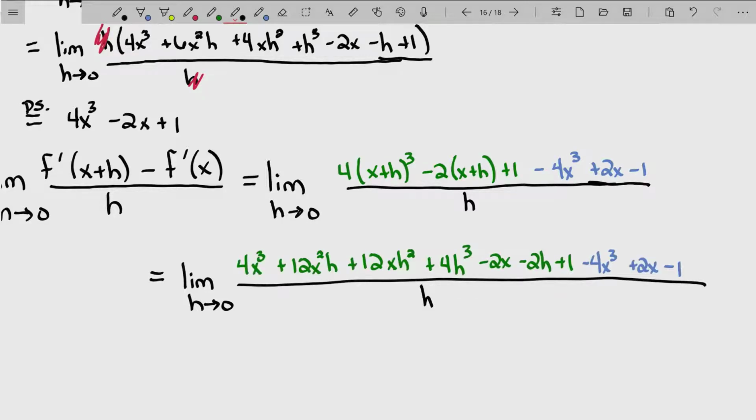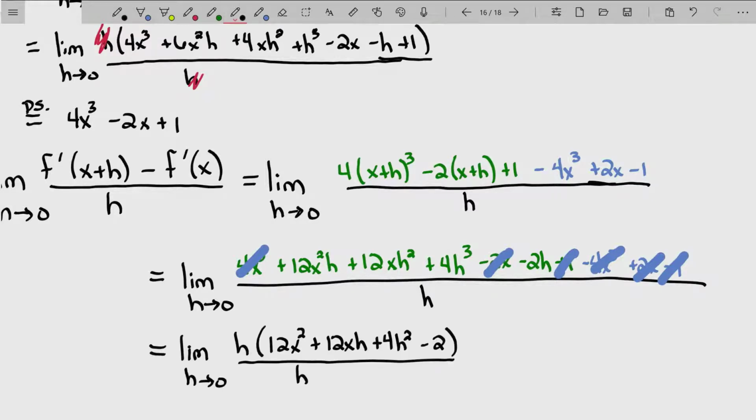You get down to there, and then one last time we just cancel off 4x cubed with that 4x cubed, this negative 2x with that positive 2x, the positive 1 with that negative 1. And then with the remaining terms, I will factor out an h and see what we get. Here we are. I'll go ahead and cancel those h's, and we can do direct substitution.